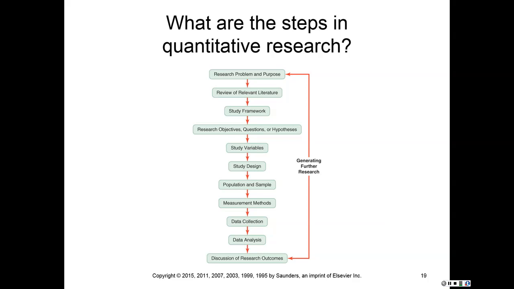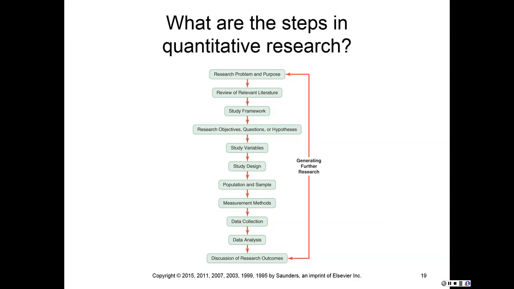The nurse researcher uses clinical experience and their own experience. They review the literature to identify problems for investigation. They identify where there's a gap. What do we not know? Or what has not been studied?